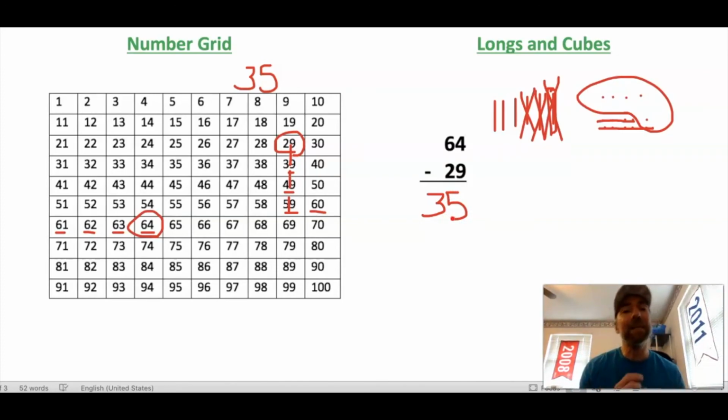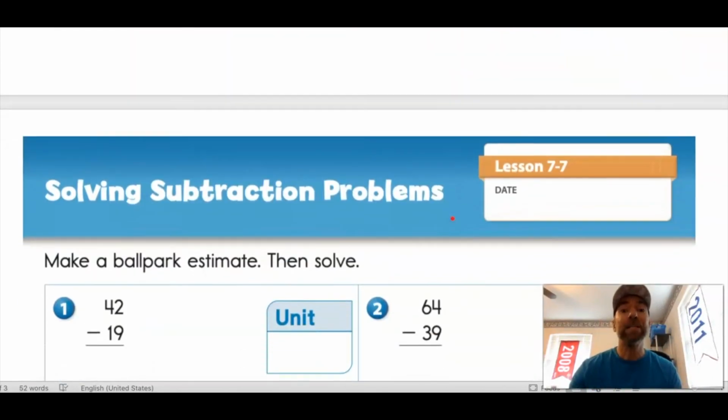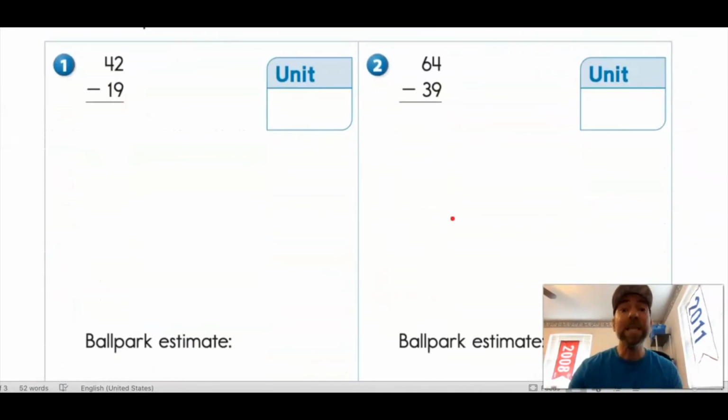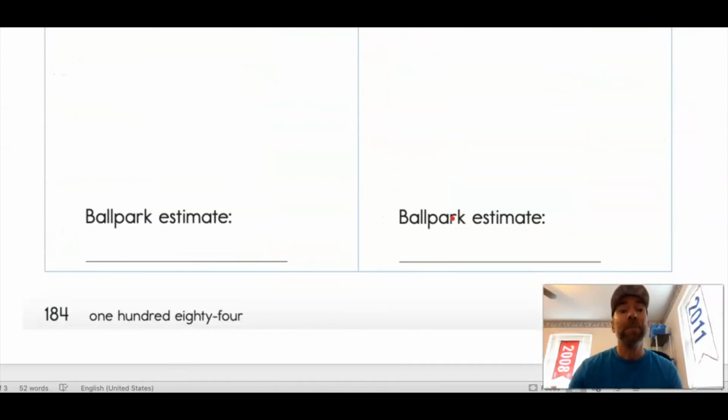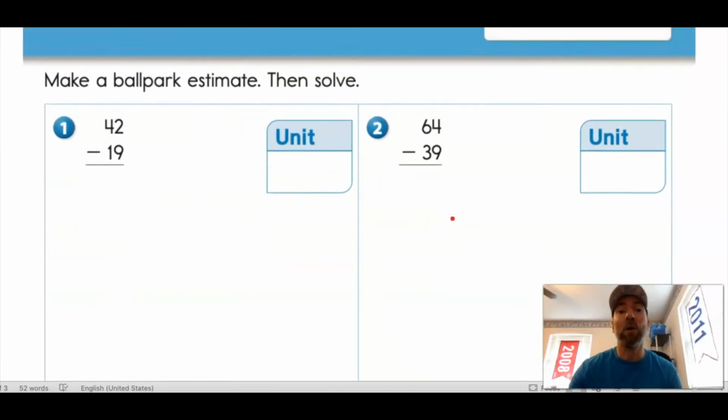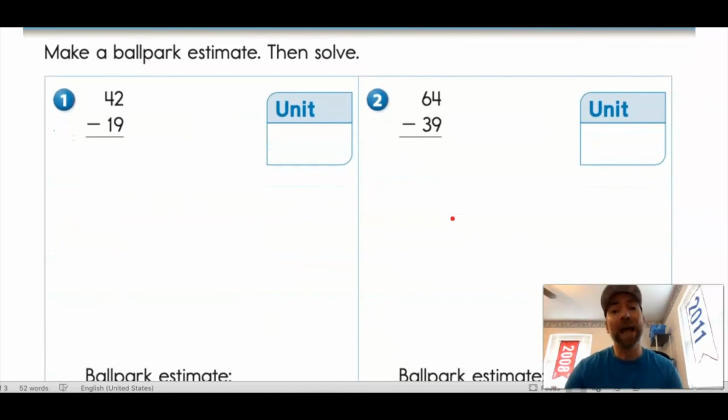Now, the best thing about today's activity is you can use whichever strategy you like. You can use open number lines, you can use number grids, or you can use longs and cubes. Your job is going to be to complete Math Journal, page 184. There are 4 subtraction problems for you to try.